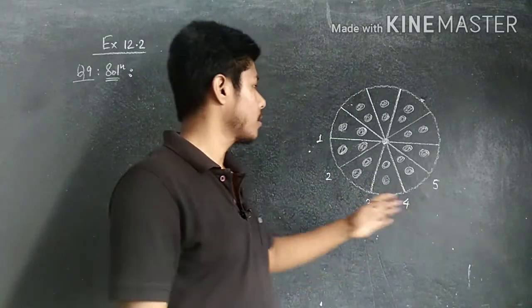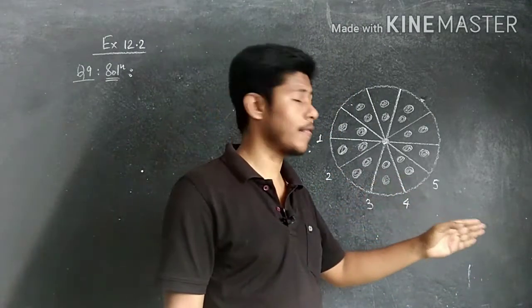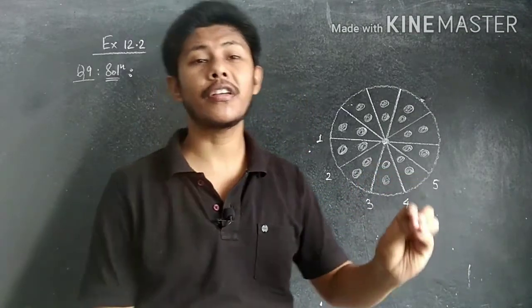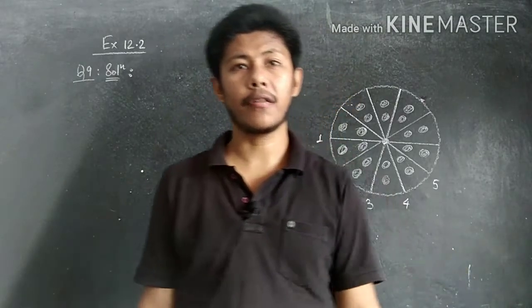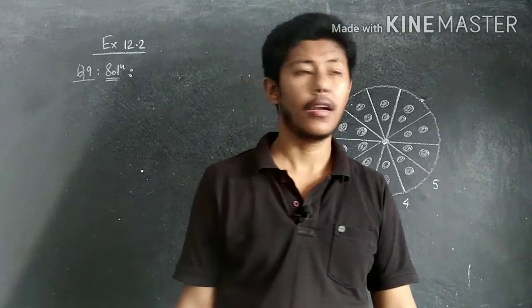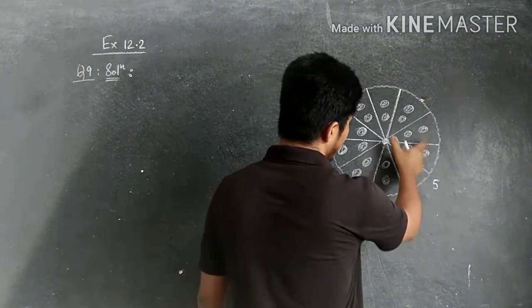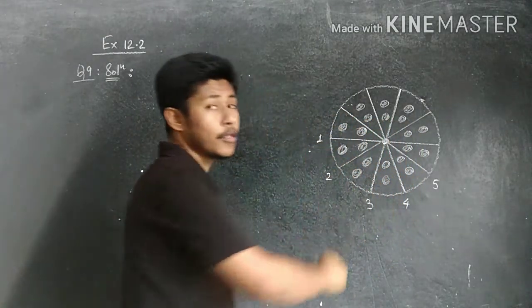Is it clear? So first of all we have to check what is given in this question. The given diameter is 35 mm, and 10 equal sectors. If you see, 1, 2, 3, 4, 5, 6, 7, 8, 9, 10, total 10.